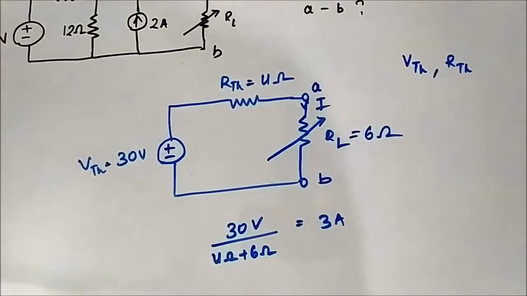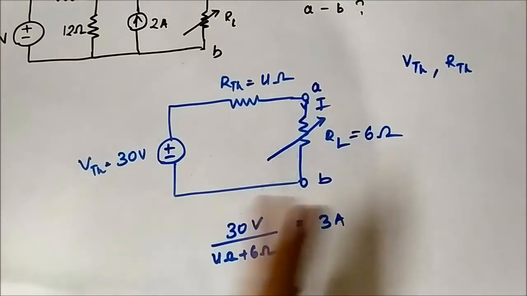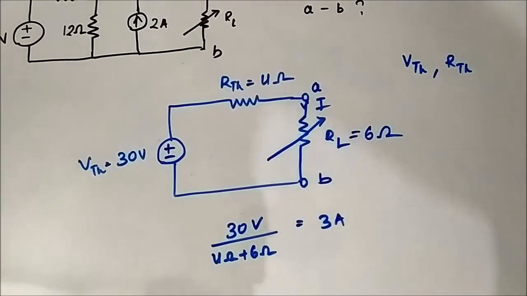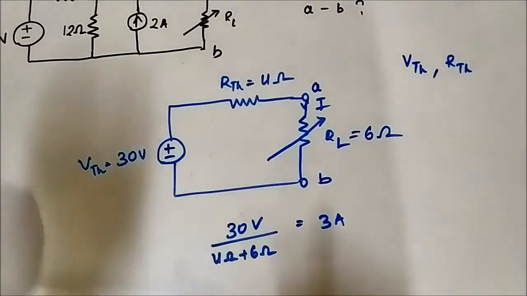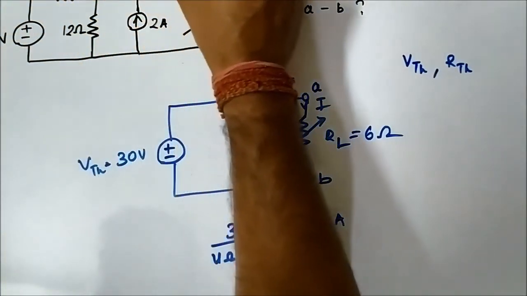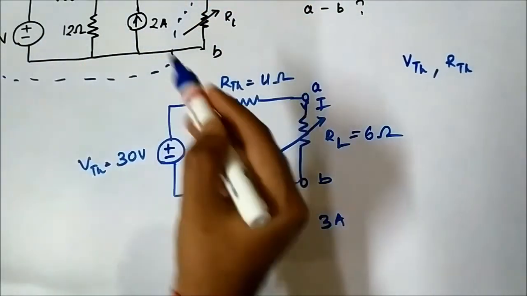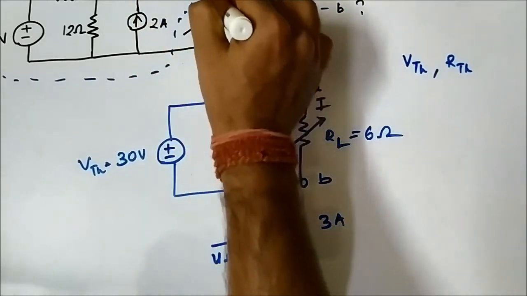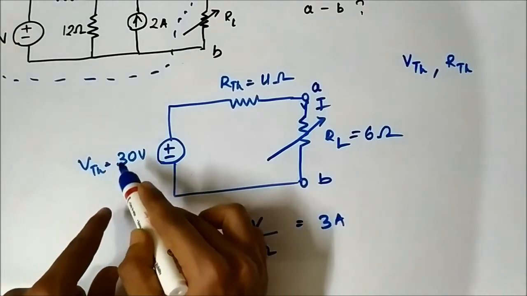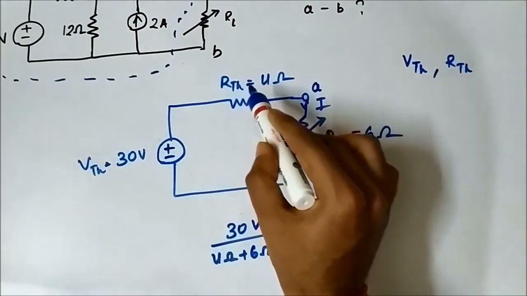Likewise, if we change the values of RL, we can determine the current flowing through it or the voltage drop across it using the basic concepts of electrical circuit analysis. So here the point is, the circuit network within the dotted lines, excluding the load resistance RL across the 2 points A and B, is the same as 30 volt voltage in series with 4 ohm Thevenin resistance.